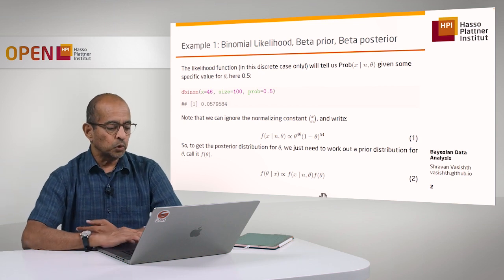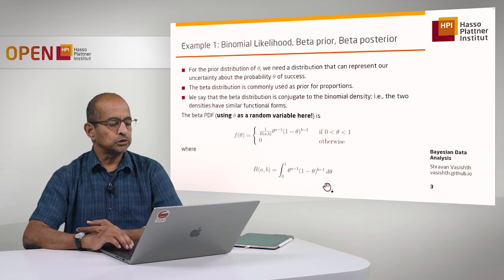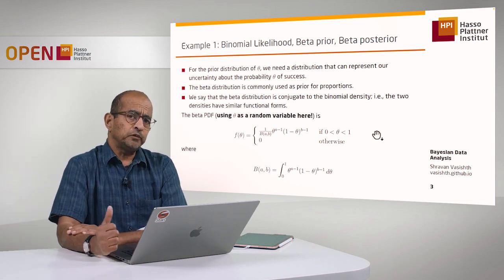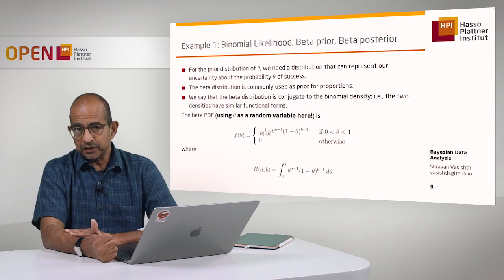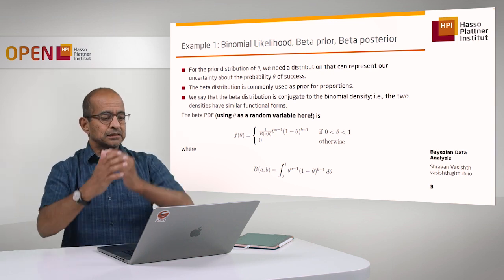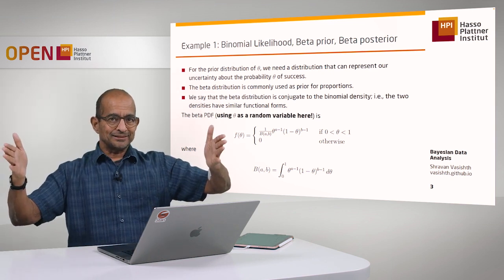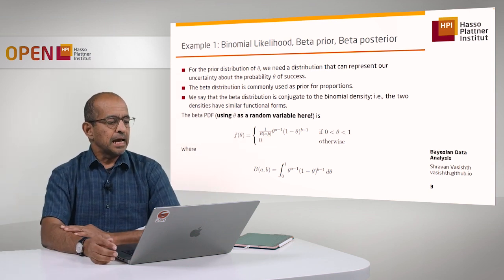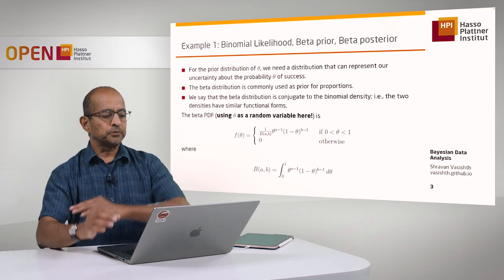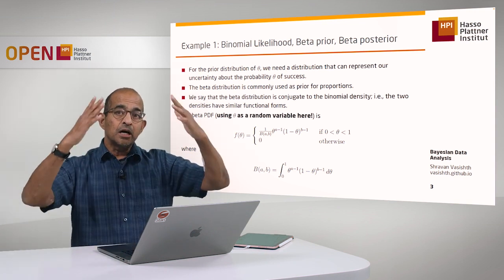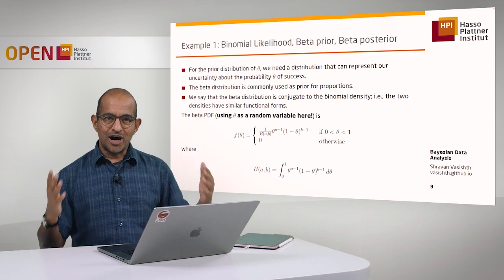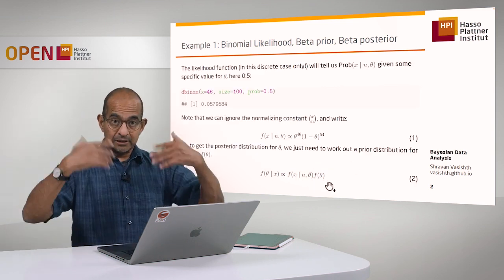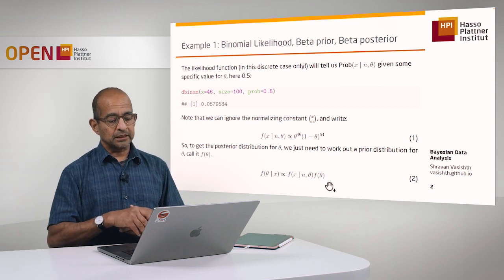So let's think about what kind of priors we might actually use for theta. Well, what do we need? We need a probability density function that has a support going from 0 to 1, because we're modeling a probability here. And it should allow us to represent our prior uncertainty about this theta parameter. That's the significance of the prior distribution, which I will, of course, unpack further in the coming lectures.